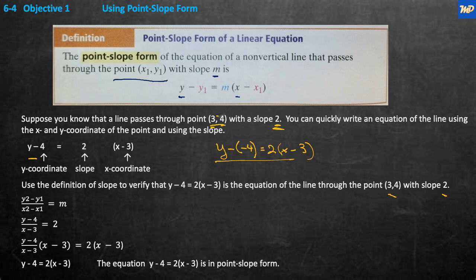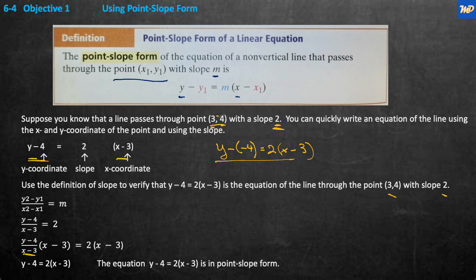We take y2 minus y sub 1 divided by x sub 2 minus x sub 1, and that is your slope. Where do we get these values from? Well, we get y minus 4 right up here, y minus 4 divided by x minus 3 is right here, and we set that equal to 2.